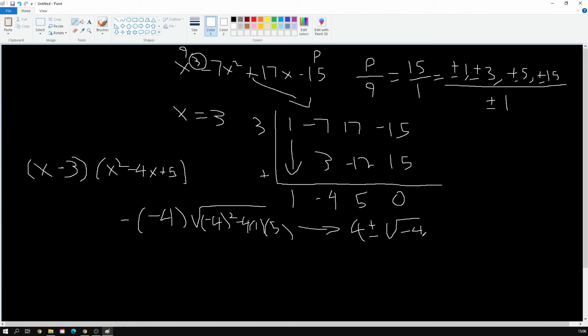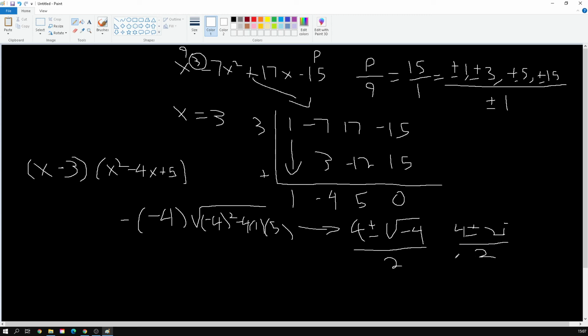And now this is where something interesting comes in. We have a negative. As you know, we cannot take the square root of a negative number, so we write it as an imaginary number. If we write it this way, we will get 4 plus or minus 2i, because i represents the negative, all divided by 2.